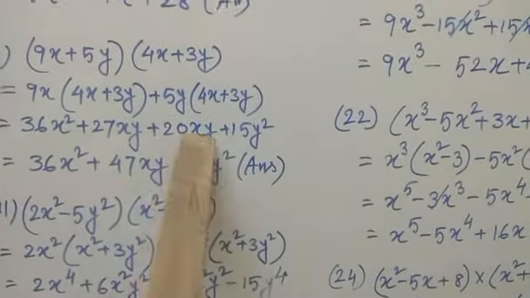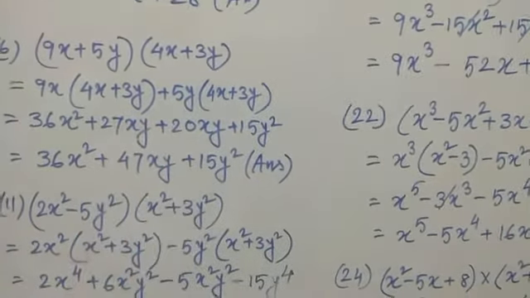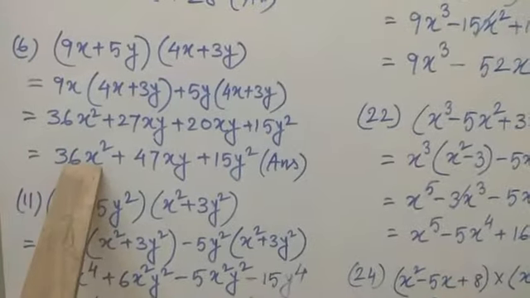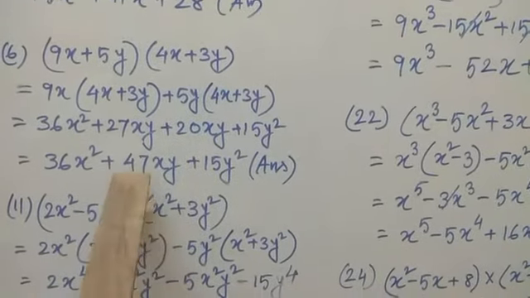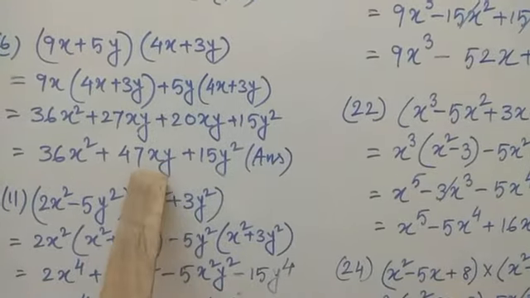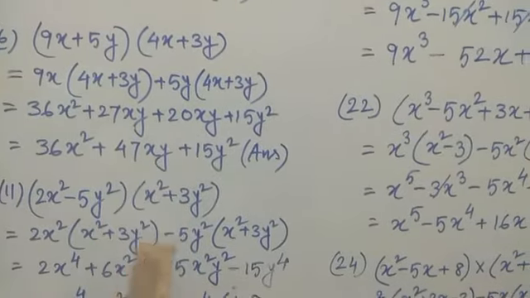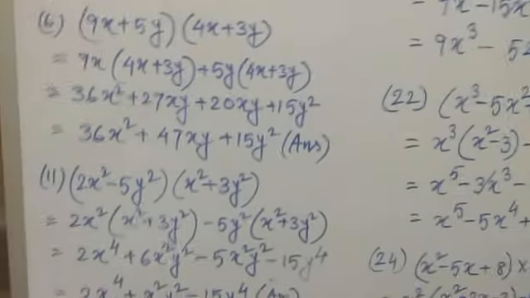So these are two like terms, literal coefficient xy, so 36x square plus 27 plus 20, 47, with the literal coefficient xy, so 47xy plus 15y square.